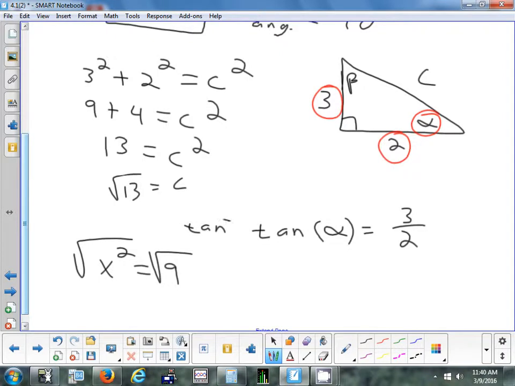So we're going to take inverse tangent of what's on the left, just squeeze it in there. Take the inverse tangent of what's on the right. And what happens is inverse tangent and regular tangent cancel out, and I'm left with inverse tangent of 3 over 2.